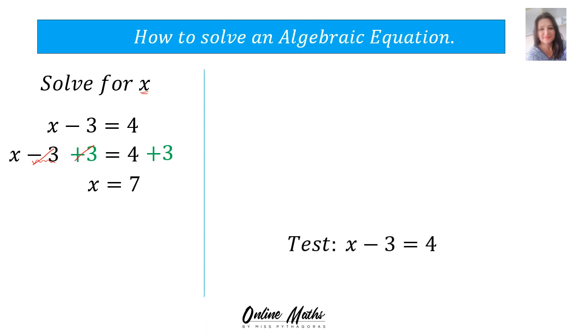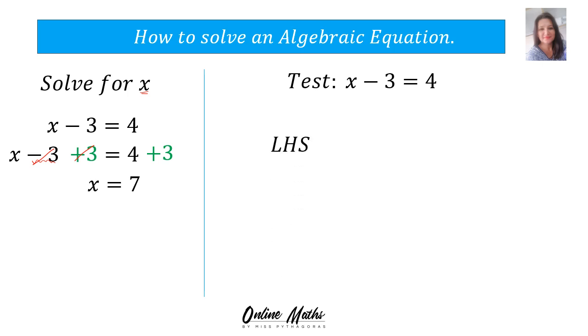Now, I want to show you that we can test whether our answer is indeed correct. The way we test is you take your equation and you write down the left-hand side. So the left-hand side of your equation is x minus 3. And then your right-hand side is equal to 4.